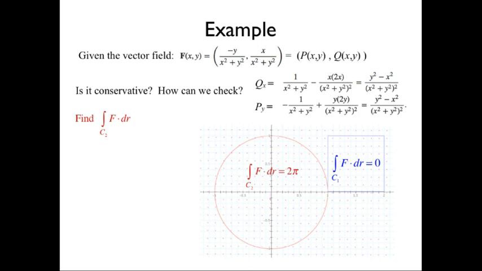Yeah? It might be non-simply connected. Okay, so maybe our region's non-simply connected. Now we have a case where you get a non-zero integral if you have a non-simply connected region, but is it non-simply connected? So what are we talking about? We're talking about the region inside the disk, right? Everything inside the circle.